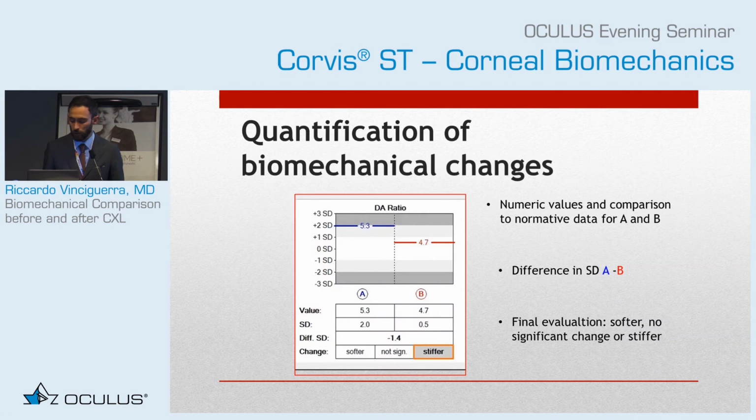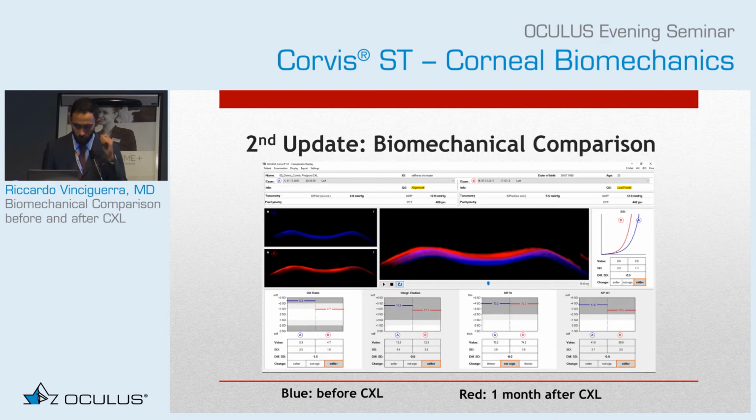This is a patient before and after cross-linking. So you have blue before cross-linking, red after cross-linking. You will have the two corneas superimposed, and you can see how they move. But also the most interesting thing is that you will have, as you expect in this case, stiffening of the cornea, no change in thickness, which might be significant because they might get thinner, but still that's not a problem.